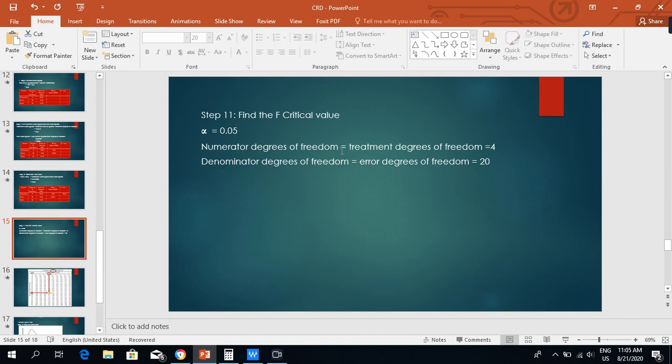Please remember that is very important. We always use treatment degrees of freedom as numerator degrees of freedom, and error degrees of freedom as denominator degrees of freedom. Therefore, our numerator degrees of freedom is equal to 4, and our denominator degrees of freedom is equal to 20.